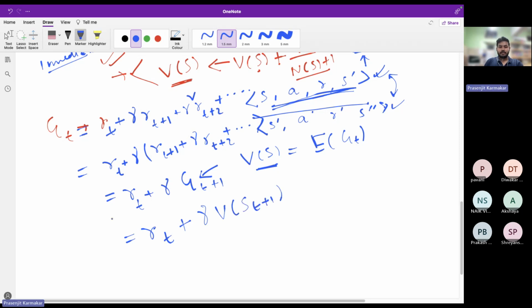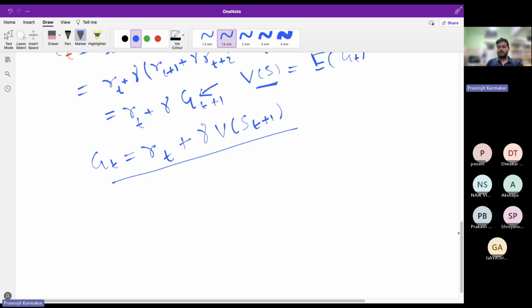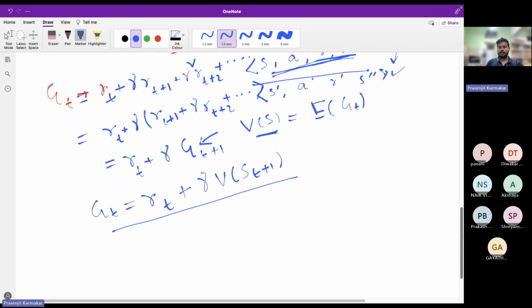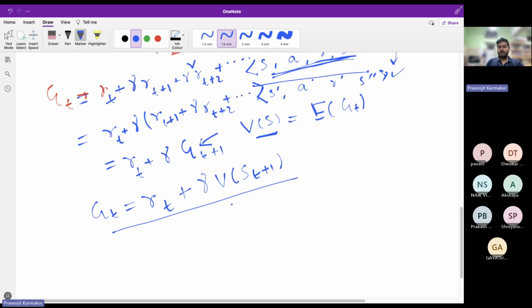So your G_t can be represented as this, and this is known as the temporal difference learning method. What you basically do is bootstrapping. This is your approximated G_t that you use to compute the current G_t.